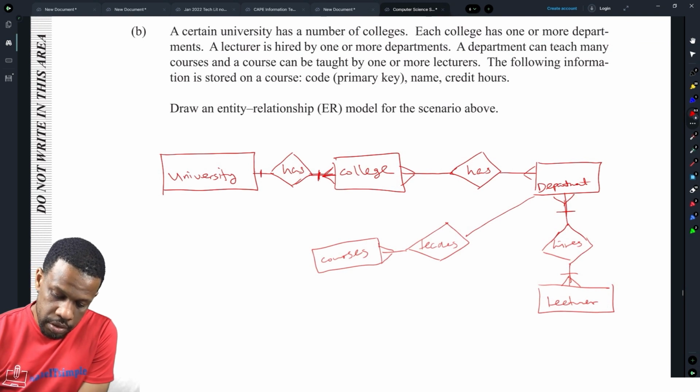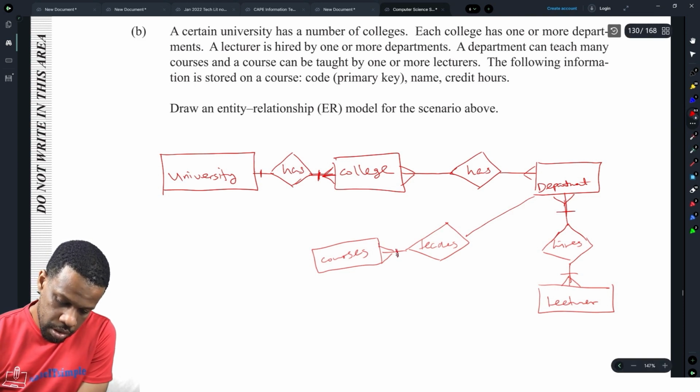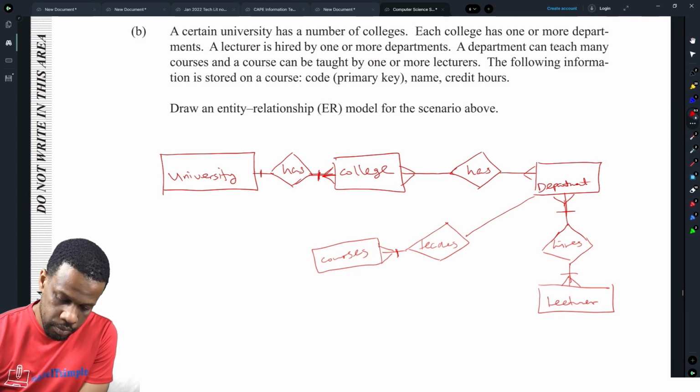So a lecturer, a course is taught by one or more lecturers.